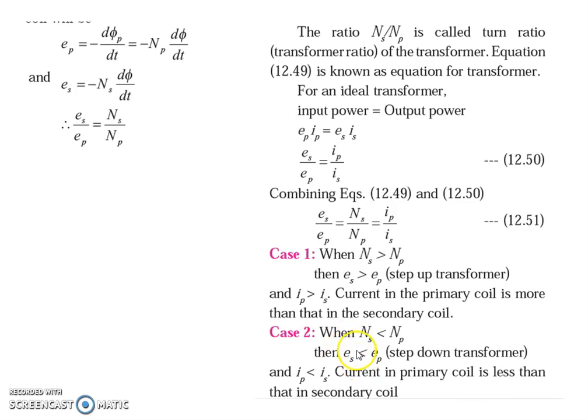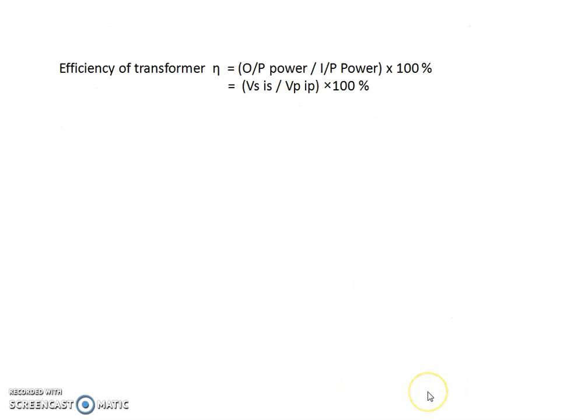If the induced EMF in the secondary coil is less than the EMF in the primary coil, it means that voltage is decreased, so it is called a step down transformer. And obviously if Es is less than Ep, then Ip is less than Is. It means that the current in the primary coil is less than the current in the secondary coil.